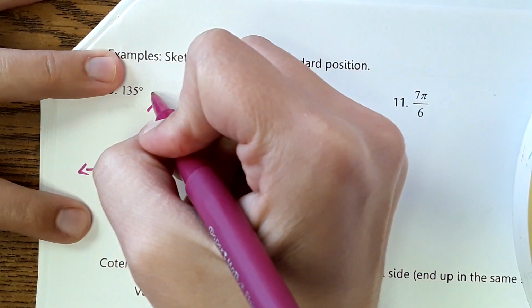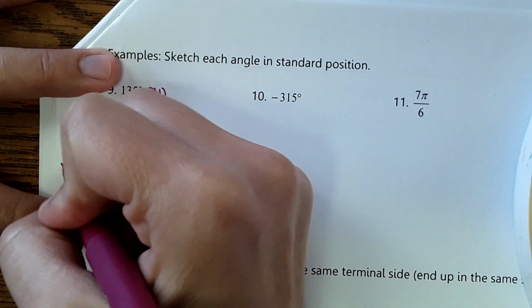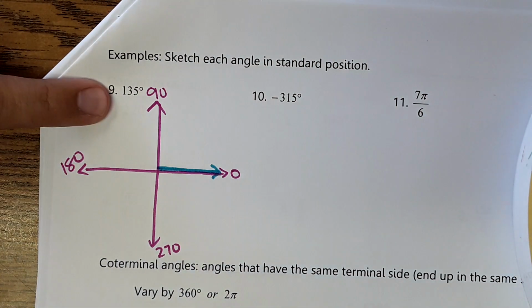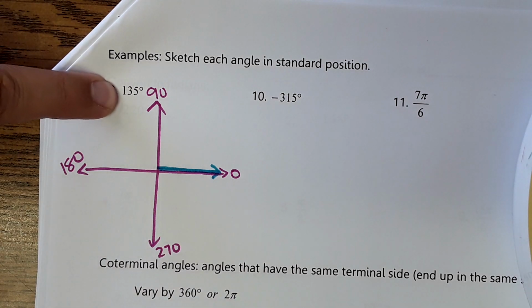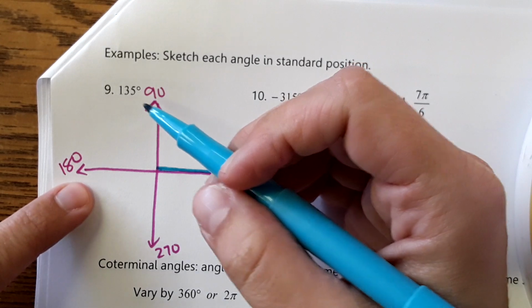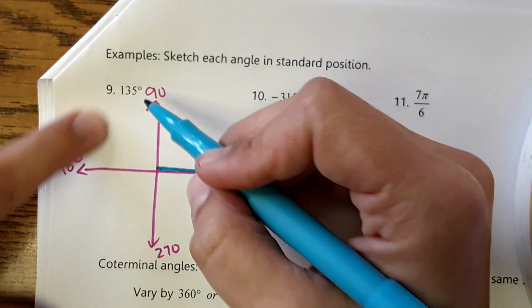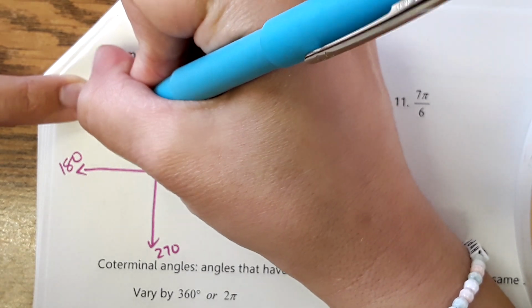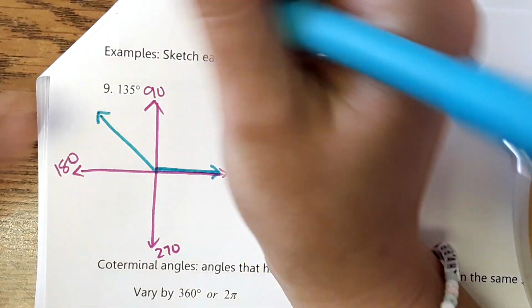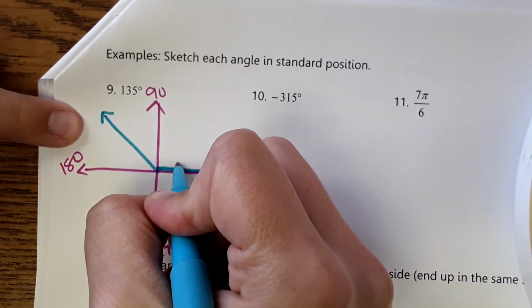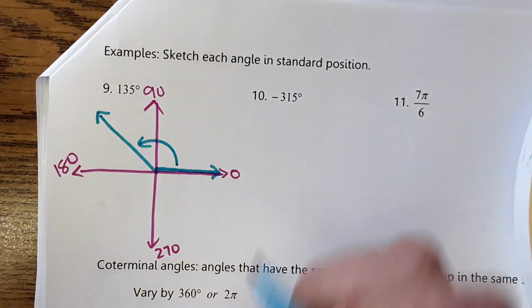And then one turn would be 90, 180, and then 270. So the first angle we're graphing is 135 degrees, which would be in between 90 and 180, of course. Specifically, 90 plus 45 degrees is 135, so it's exactly in the middle there. I tried to draw it as best I can, but there it is. And then we just draw a little arrow to show that direction.